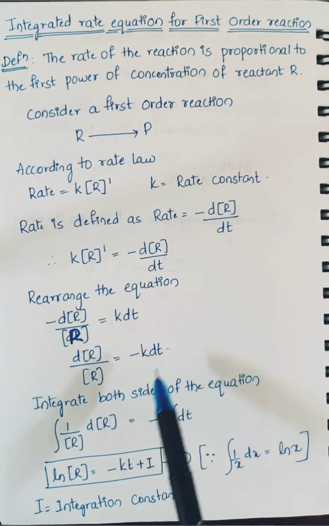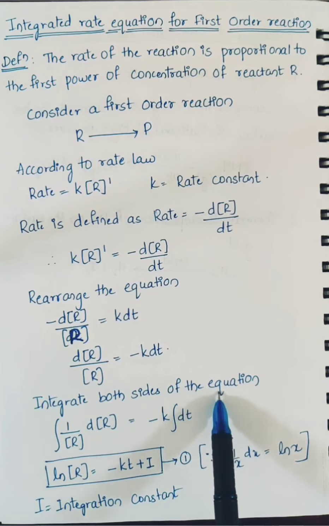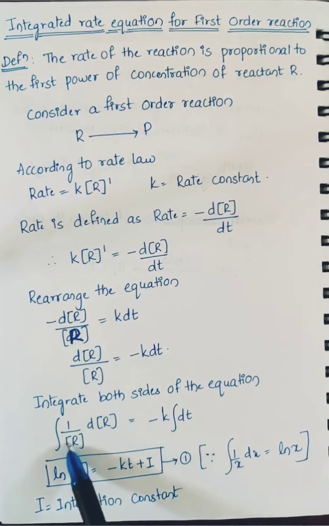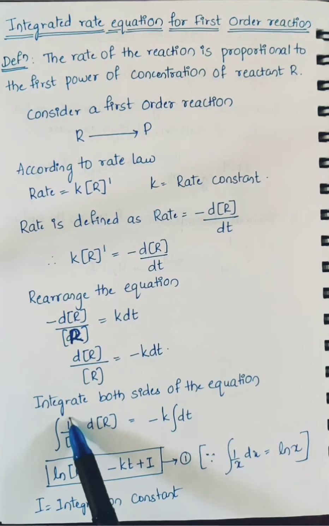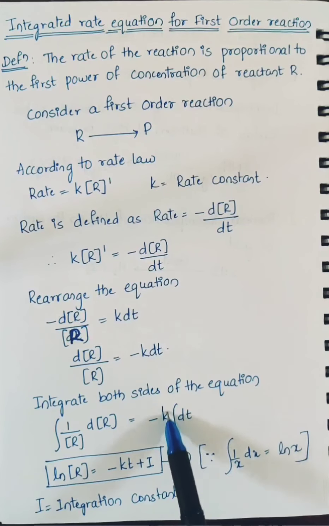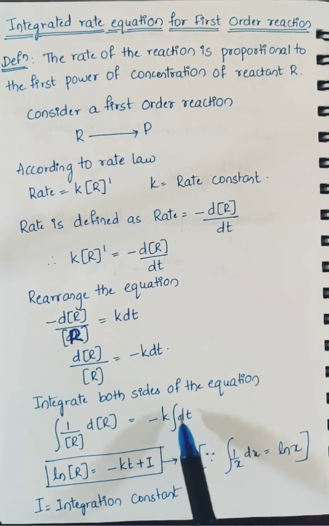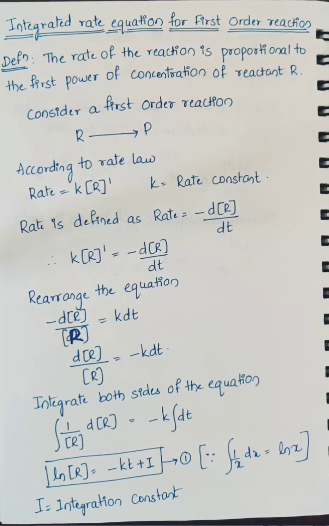Now to simplify this equation, I will integrate both sides. When you integrate, the integration of 1 upon R dR, that is dR upon R, is equal to minus the constant k times the integration of dt. The integration of dx upon x is ln x.